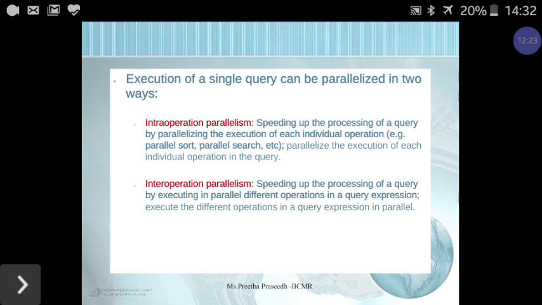So intra-operation parallelism, examples like parallel sort, parallel search, that is speeding up the processing of the query by parallelizing the execution of individual operations. Inter-operation parallelism means speeding up the processing of the query by executing in parallel different operations in a query expression, that is, execute different operations in a query expression in parallel.